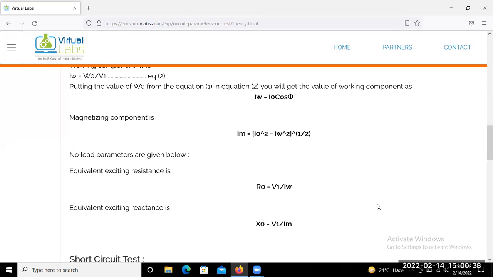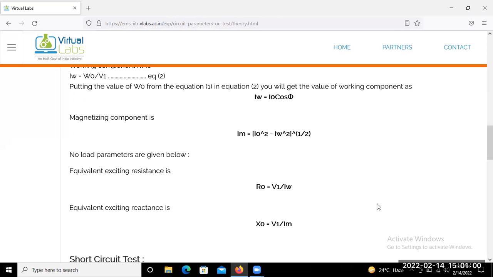Okay, so this may be explained more clearly with one example. Suppose you consider a 3300 volt by 230 volt transformer.